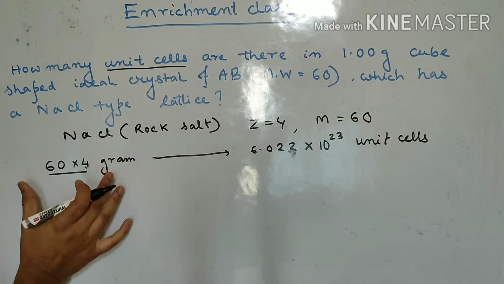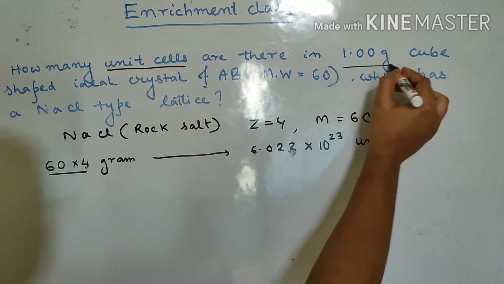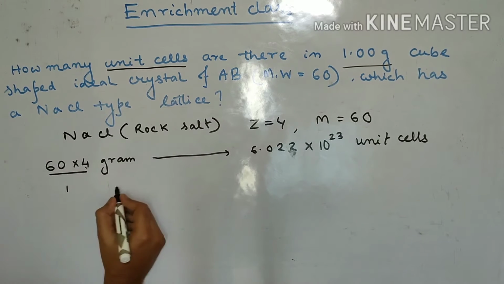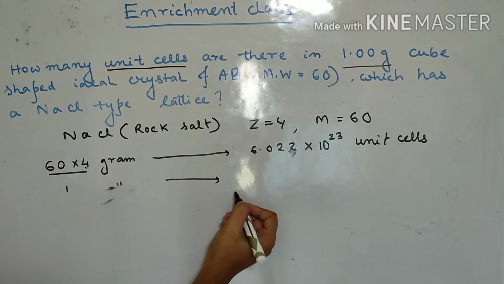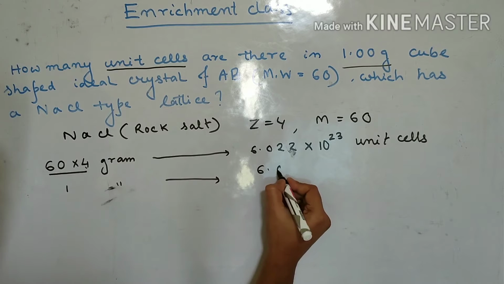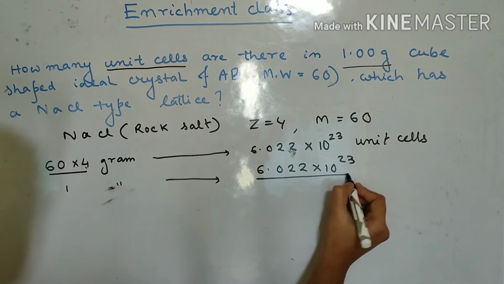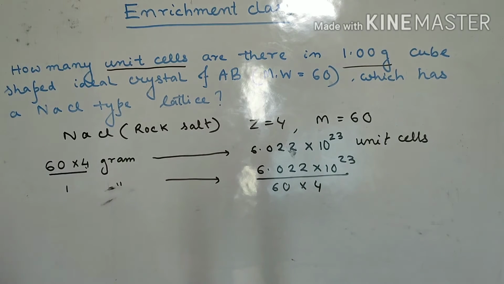So that many amount in gram will have this much amount of unit cell. Here we have to find out in 1 gram cube shape of such crystal how many unit cells will be present. So for 1 gram, it should be simply 6.022 into 10 to the power 23 divided by 60 into 4.